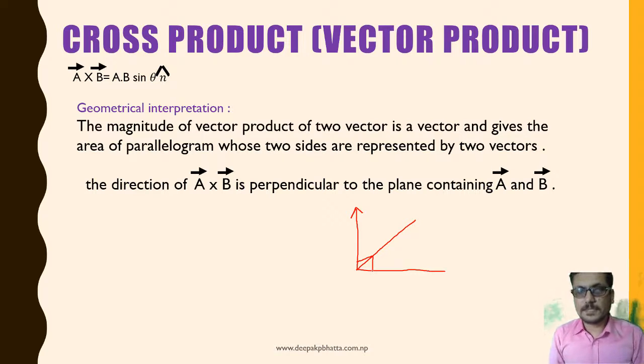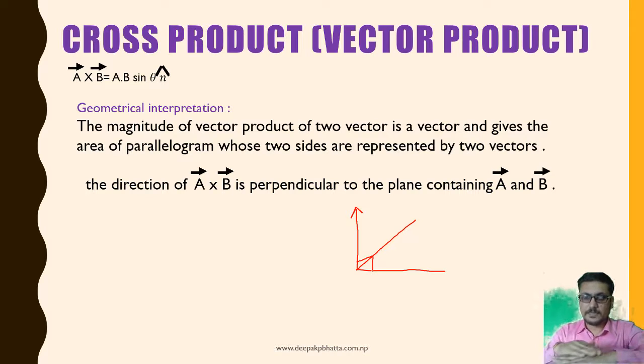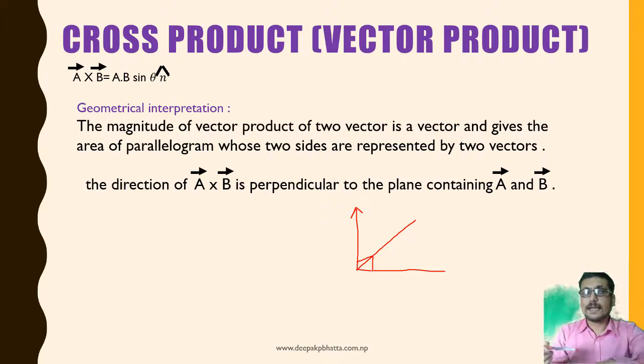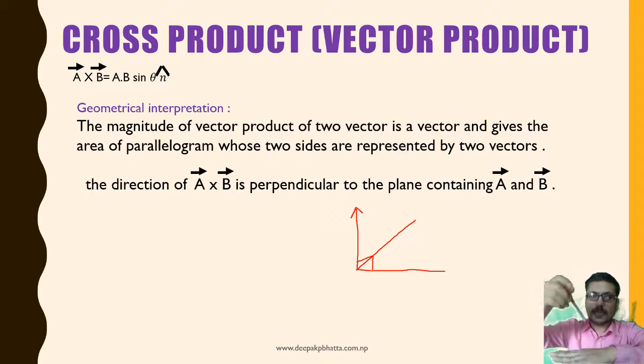We can demonstrate it like this. If this is a plane, and the A vector and B vector lie on this plane, then the A cross B vector lies perpendicular to this plane, in this direction.